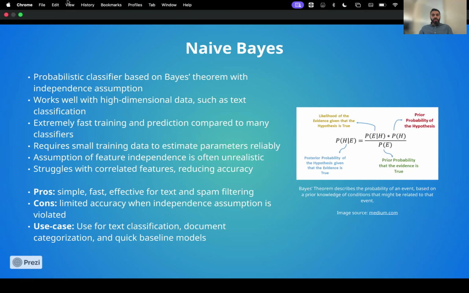The challenge with using naive Bayes is that it makes an independence assumption. It assumes that the features are independent, which is often an unrealistic assumption, especially in the real world, where there is interaction between features. Not all features are fully uncorrelated.